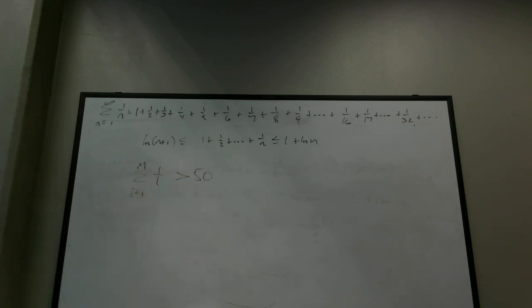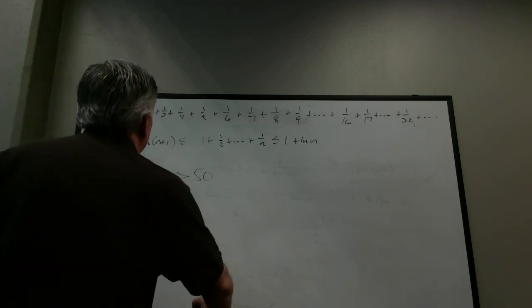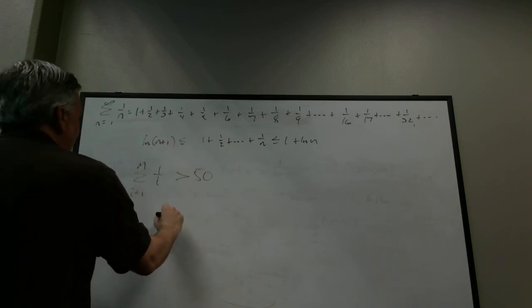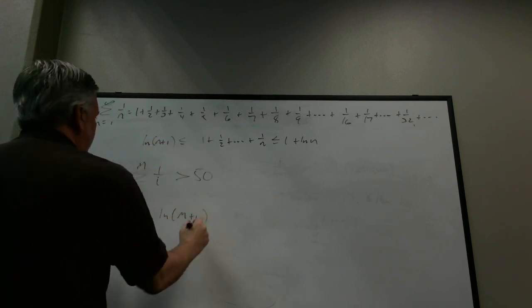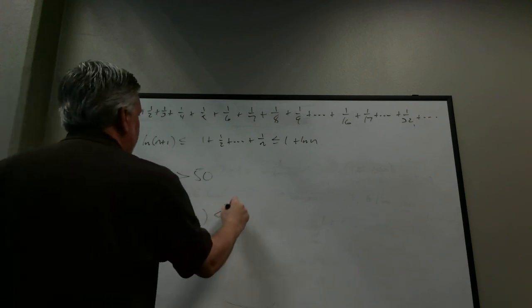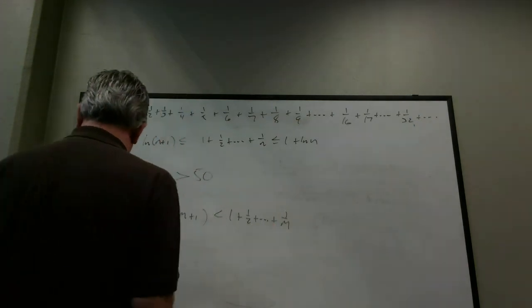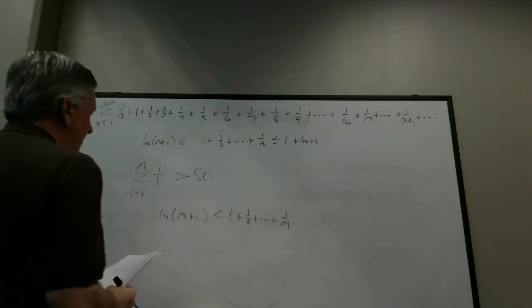Wow. Okay, if you use the inequality above, let n be m, so natural log of m plus 1 is less than 1 plus 1 half plus dot dot dot plus 1 over m. We know that's true.